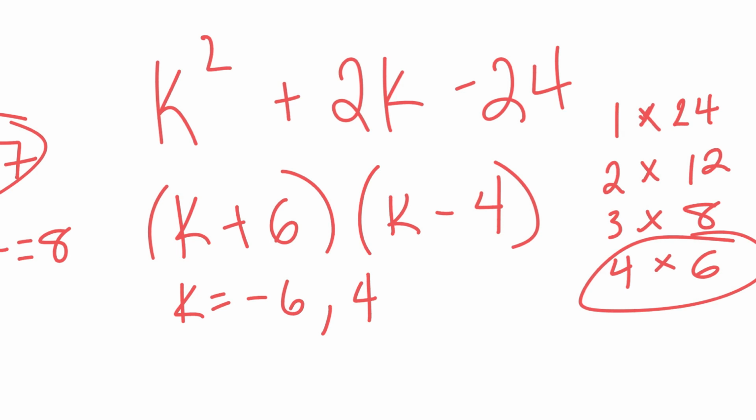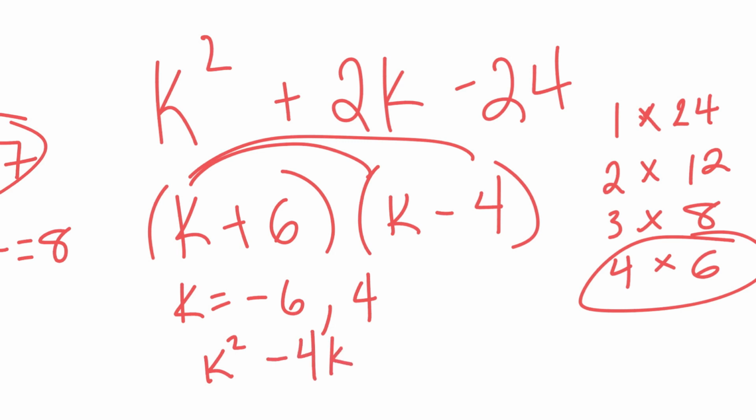In another video, I talked about foiling these. So remember that we can always distribute, or basically go backwards, in order to check our work. So if I do k times k, that gives me k squared. Do k times -4, that gives me -4k.